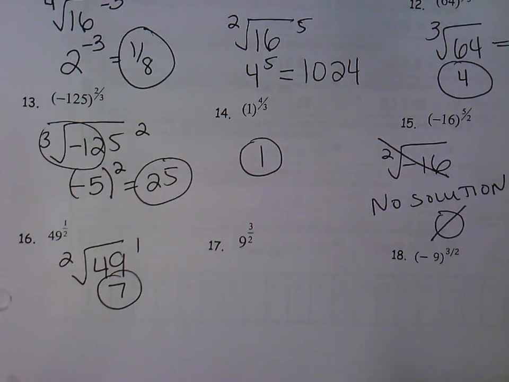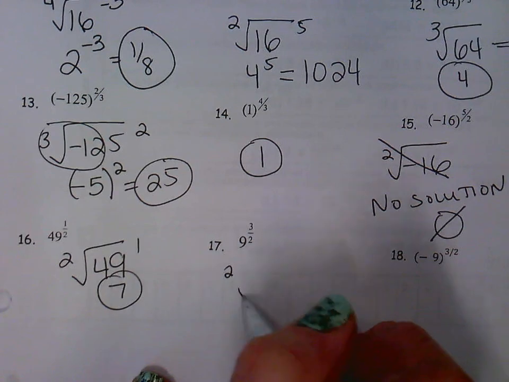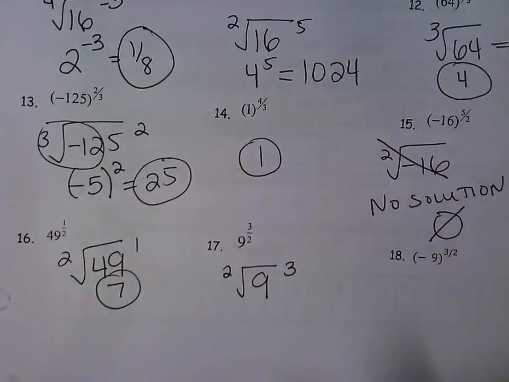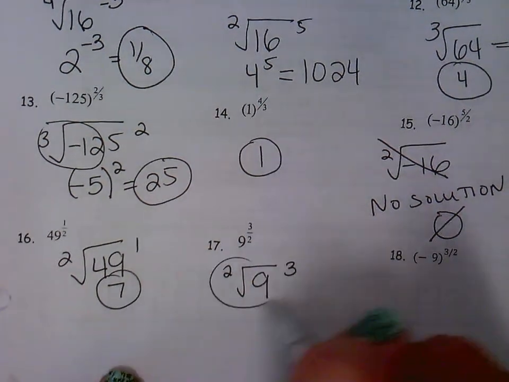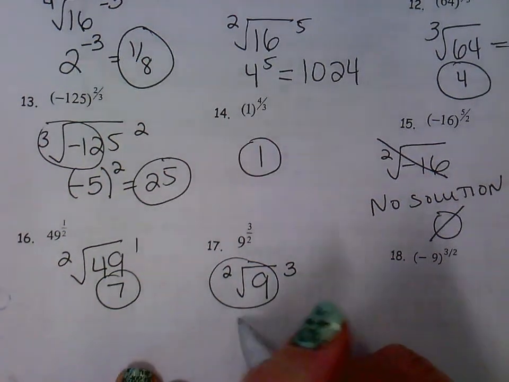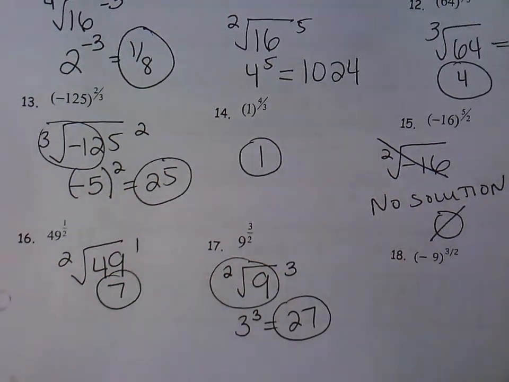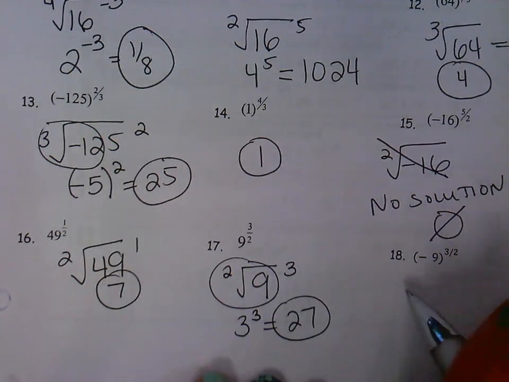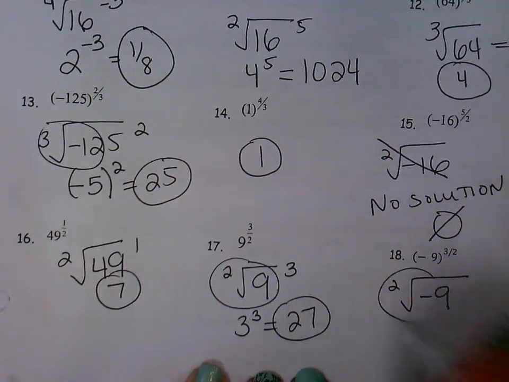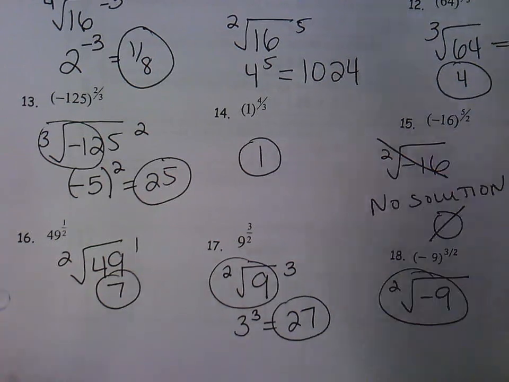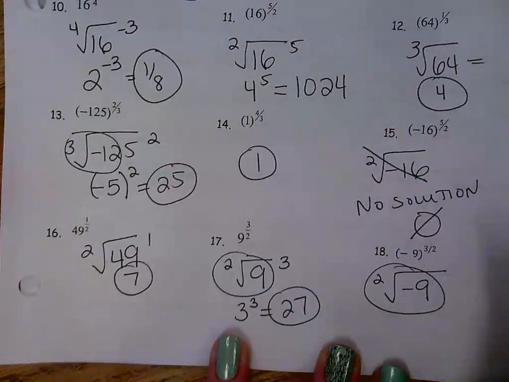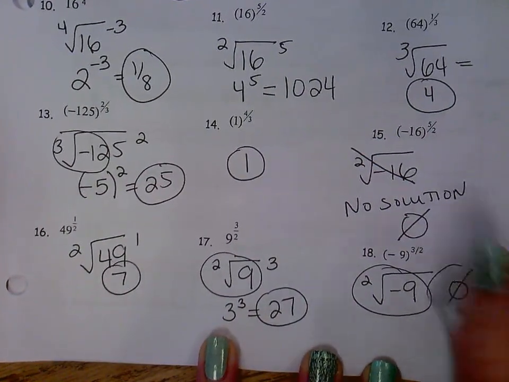Number 17 is the square root of 9, and then you're going to cube the answer at the end. What is the square root of 9? And then what's the cube? 27. And then what's the problem with number 18? Can't take the square root of a negative number, so again, that one would also be no solution. I'm just going to write empty set as my answer.